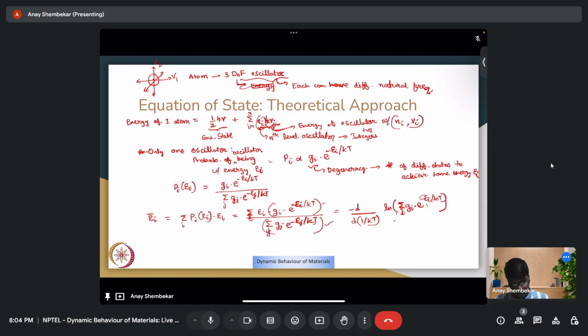Okay, right. So now we make one assumption: assuming no degeneracy. What do we mean by no degeneracy? We say that the energy epsilon i can be achieved by the oscillator in exactly one way.